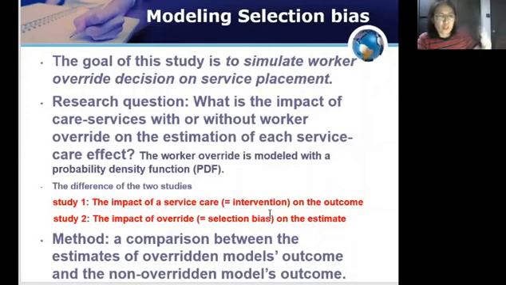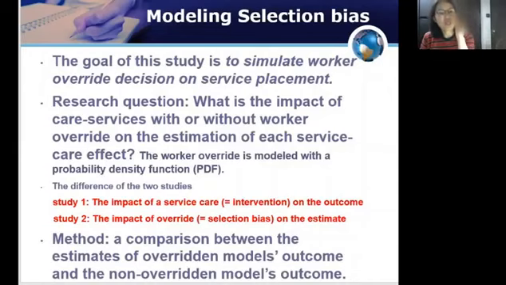But anyway, if we use this kind of simulation approach, we can compare the outcome estimate without confounding factors and the outcome estimate with the confounding factors. That's my approach here. The comparison, simply put, is between the estimates of the algorithm model outcome and the non-algorithm model outcome. But how can we do it?